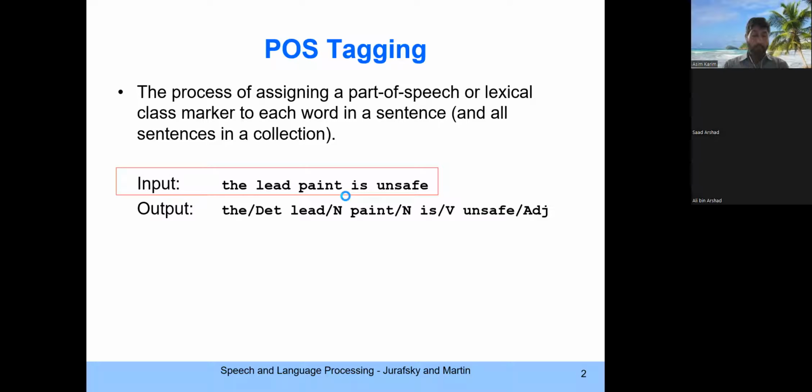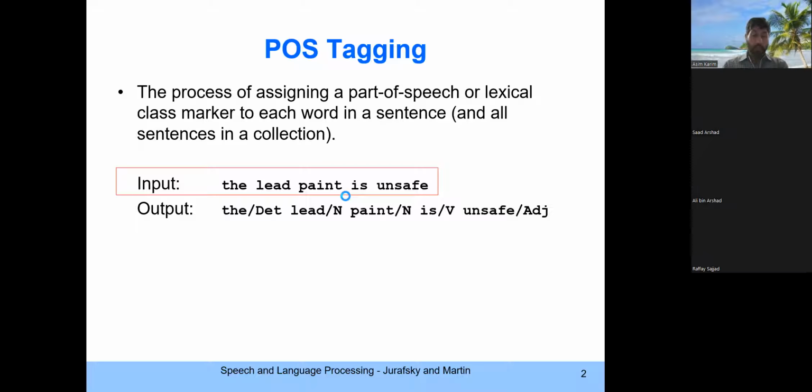So for example, if you have a sentence like "the lead paint is unsafe", let's say this is the input raw text, and after running the POS tagger, we will get the output that is shown below, which basically has the tag assigned to each word in the running text. So "the" is basically a determiner. "Lead" here is actually a noun.